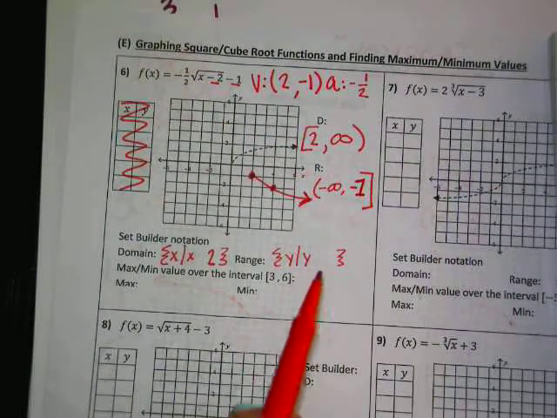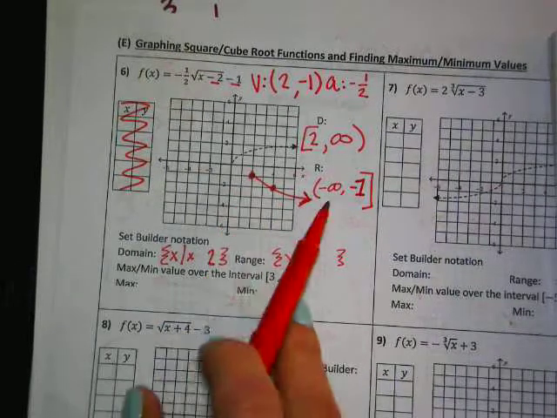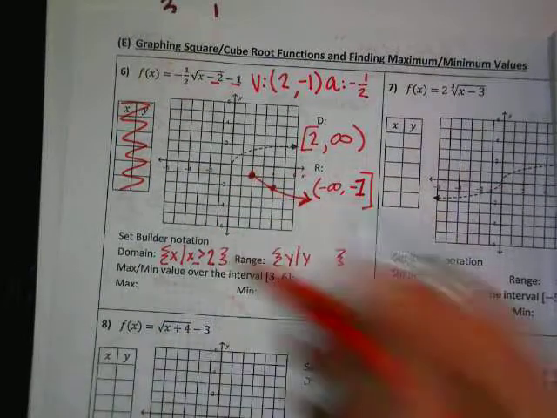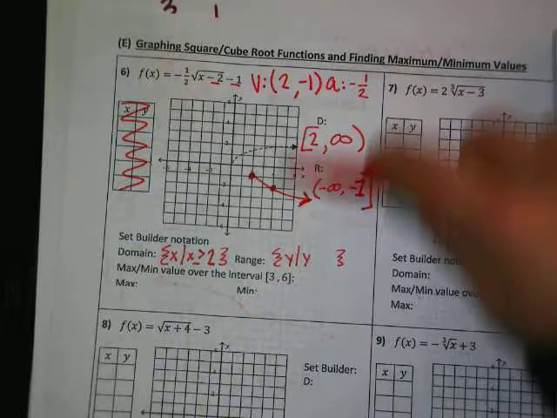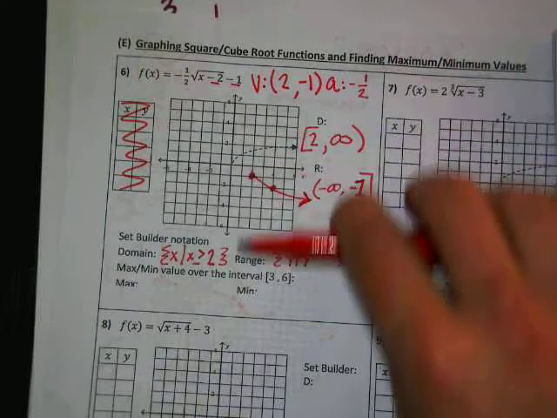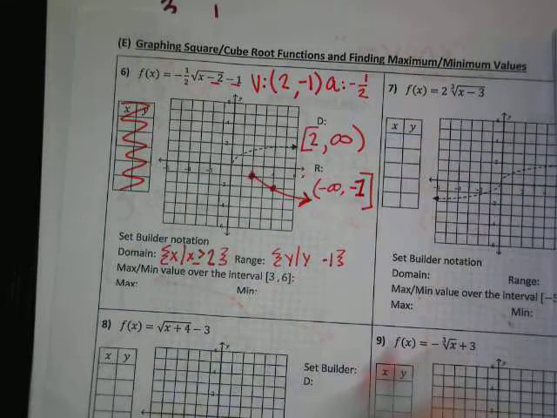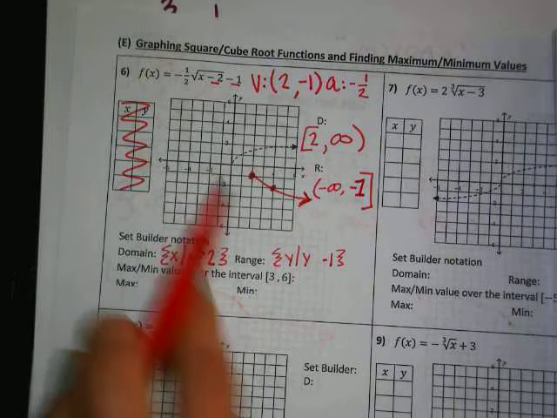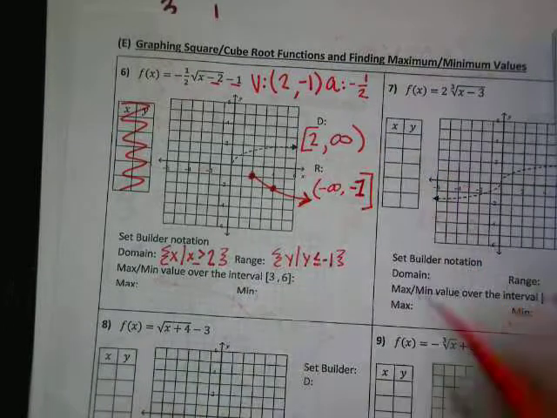And so are you using the values bigger than 2 or less than 2? Bigger, so it's going to be greater than or equal to. Now on the y-axis, where does your graph stop? -1. And are you using the values bigger than -1 or less than -1? Less than, because it goes down. So less than or equal to.